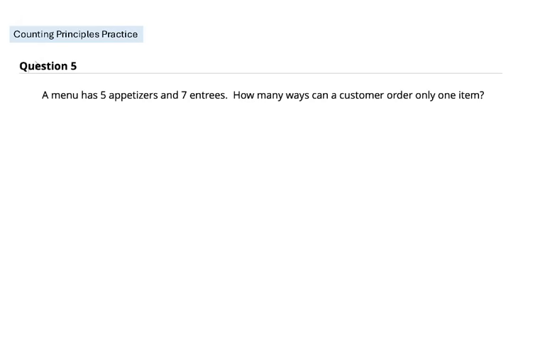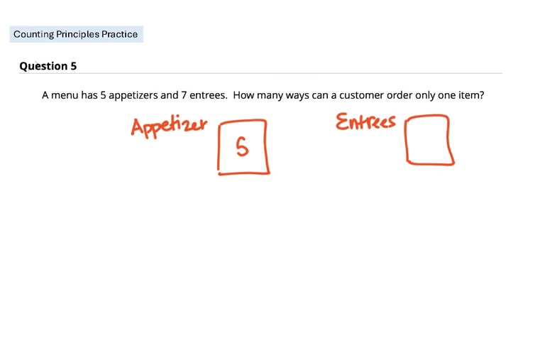Okay, this is a similar type question. We've got a menu, and we've got appetizers, and there's a choice of 5 of them. And you've got entrees, that's the big menu item, and we've got a total of 7 entrees. So I go to the restaurant, and I'm only choosing one item, okay?